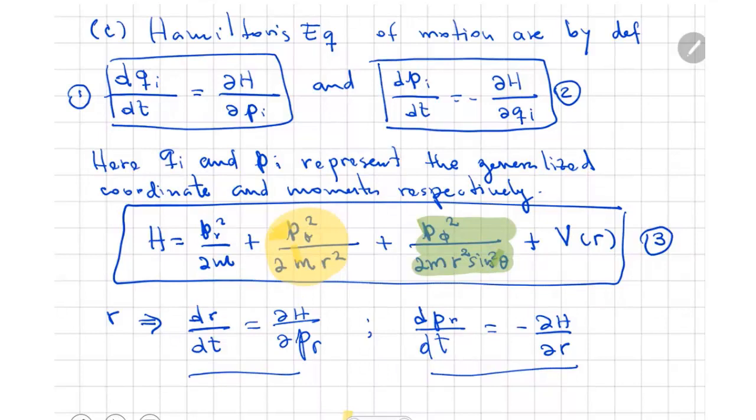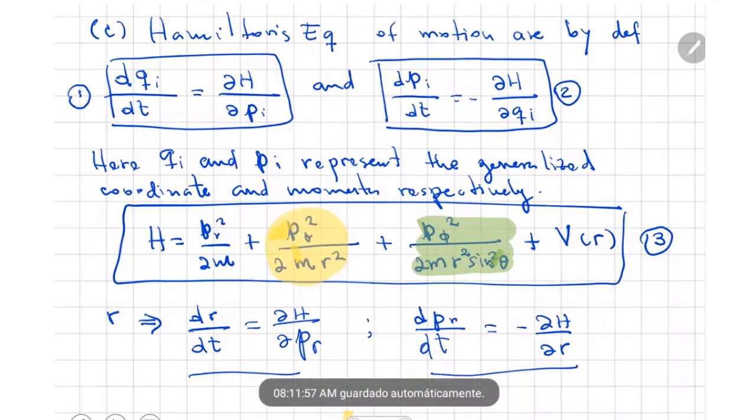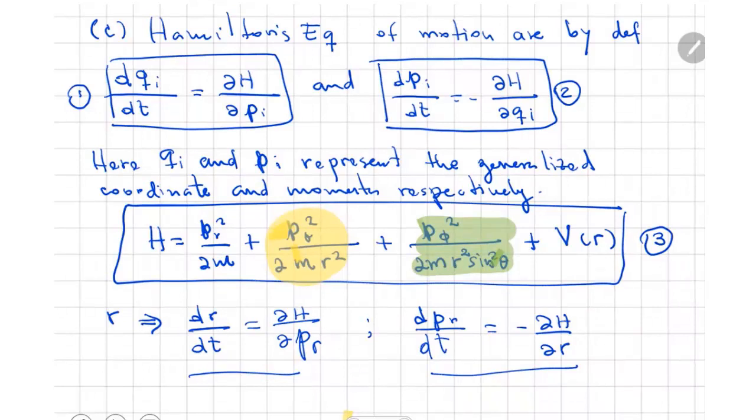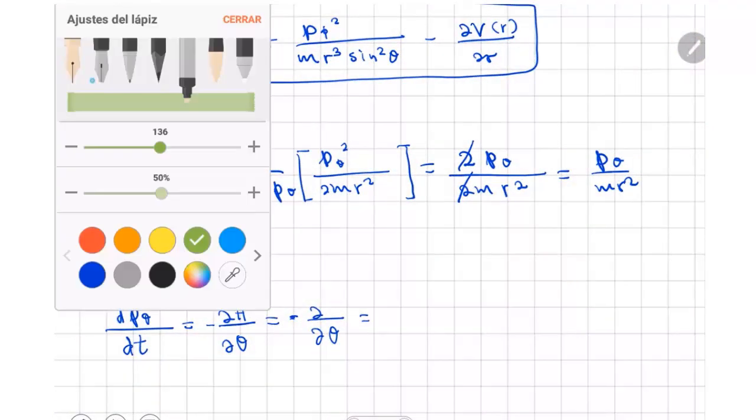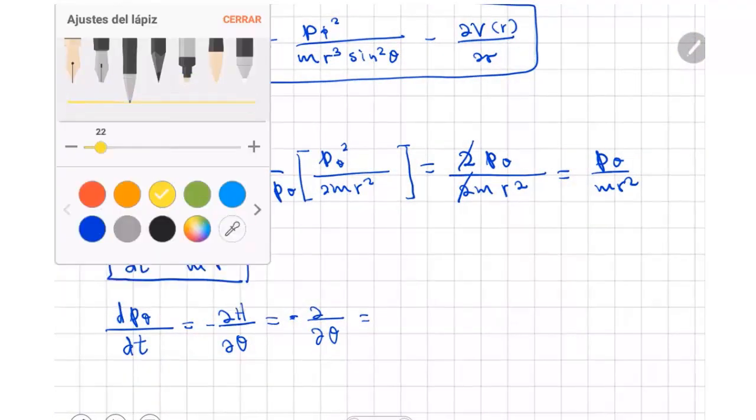I won't write the other ones because the derivative of those other terms with respect to theta is gonna be 0, because they don't depend on theta. So the only term that depends explicitly on theta is this one, so I'm gonna write only that term, and we are gonna get something like this.